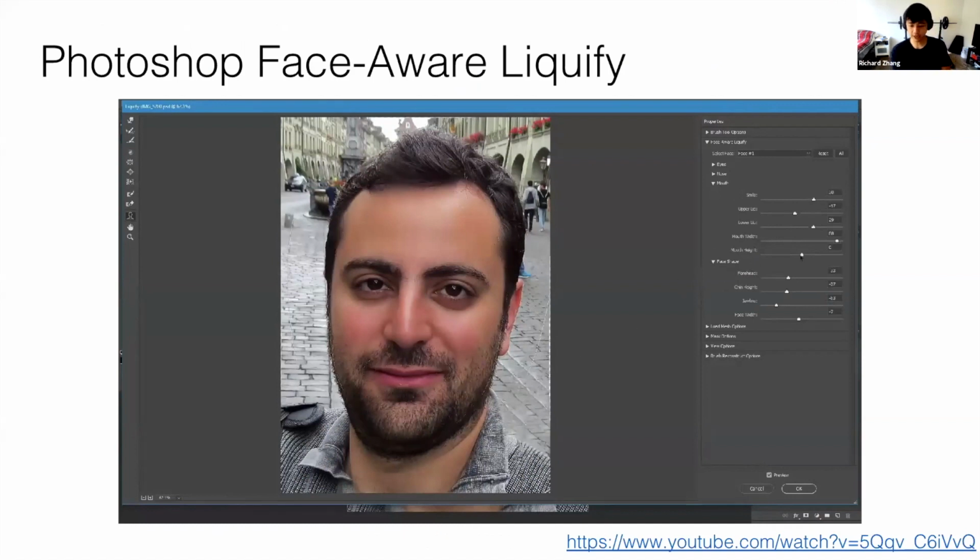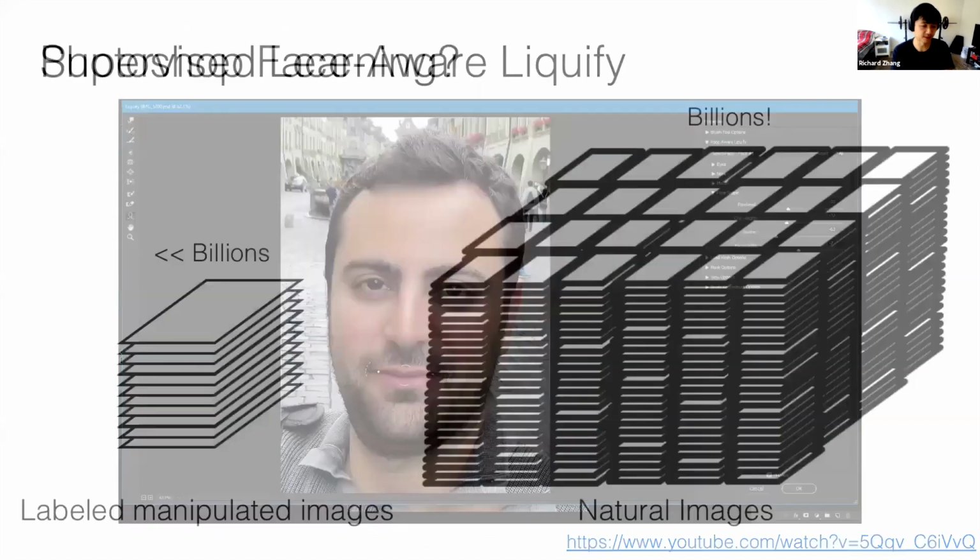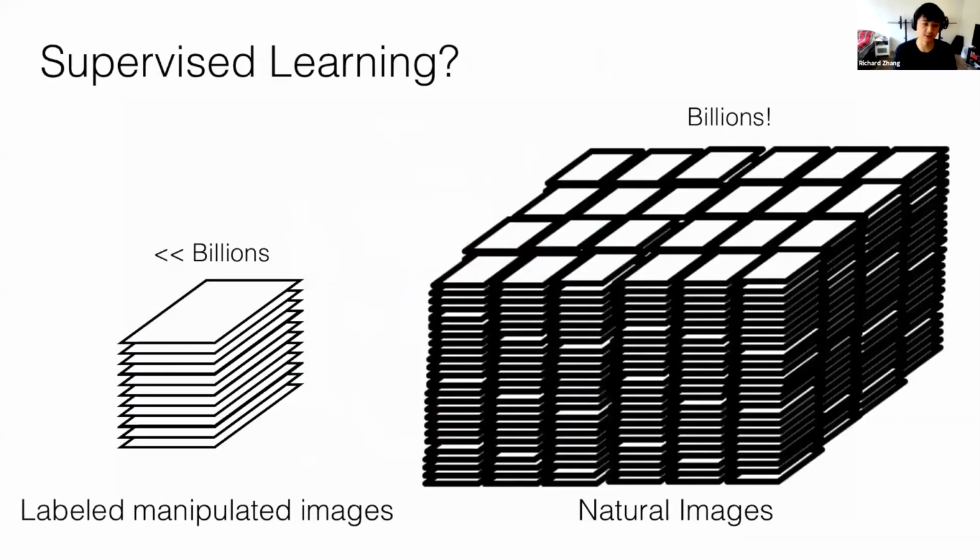Okay, so if we were to try to train an AI system, how would we go about this? Well, for most AI systems, we need data and labels in a supervised learning framework. Now, a problem in image forensics is that there's huge data imbalance. There are going to be billions, maybe trillions of photos floating out there on Google, and decidedly fewer than billions of photos that are verifiably manipulated.